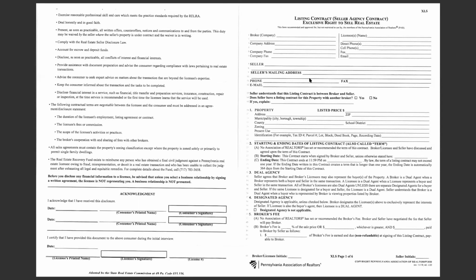It goes on to say what the duties are of the licensee and what is negotiable. The duration of the licensee's employment, which would be on your buyer agency contract, right, is negotiable. The licensee's fees or commissions, the scope of the licensee's activities or practices, the broker's cooperation with the sharing of fees with other brokers. All of those issues, those bullet points there, will be found and answered in the contracts.